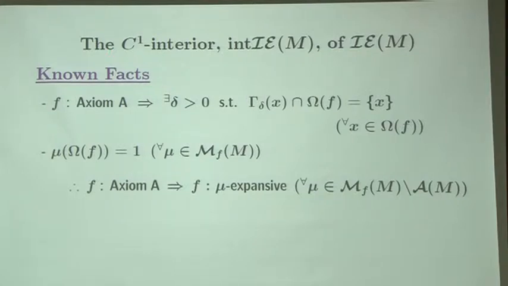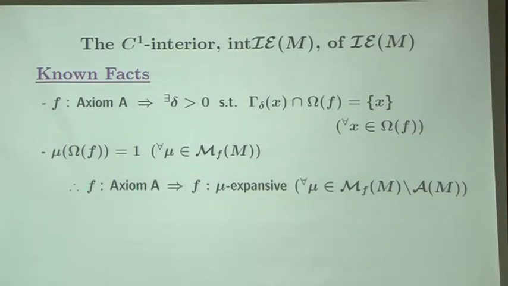Before that, let us record some basic known facts. This set, the intersection of the stable set and the unstable set, is just one point. There are no other points here. It is very well known that for any invariant measure, the measure of the nonwandering set is equal to 1.